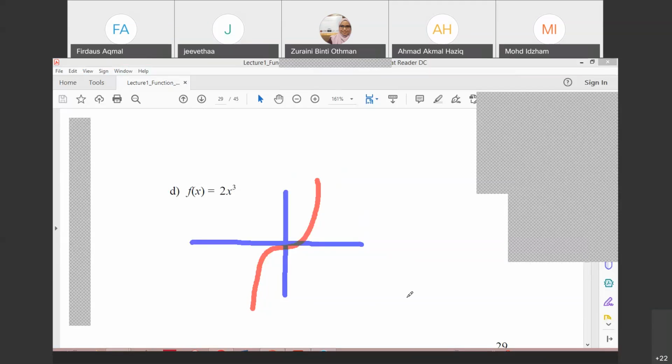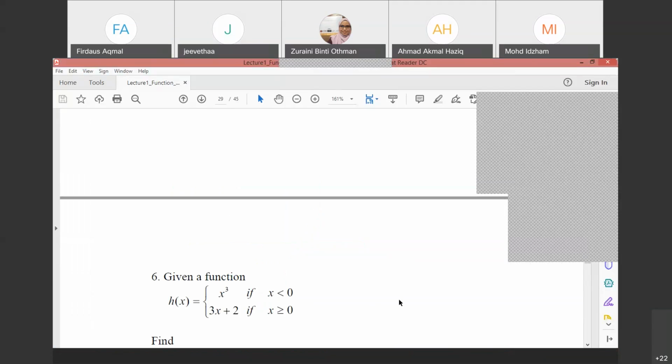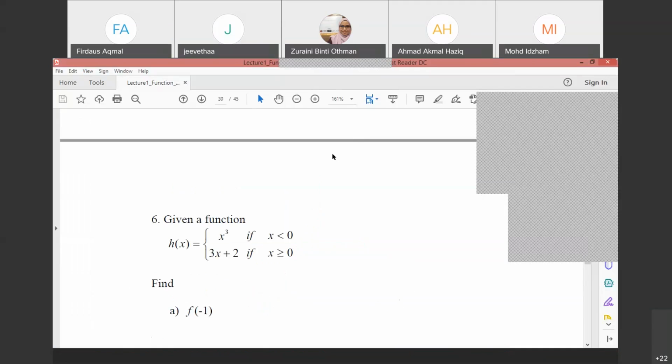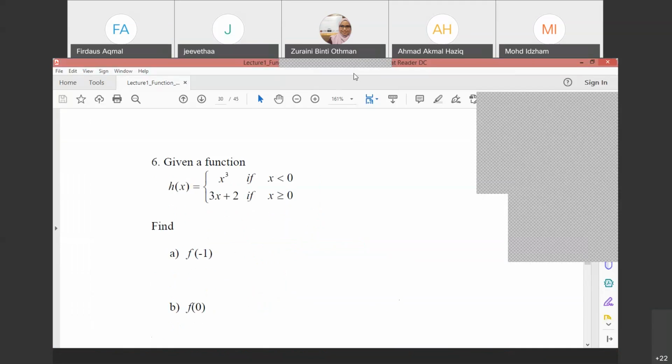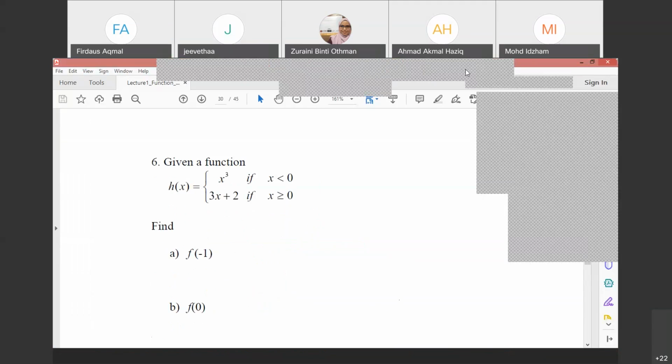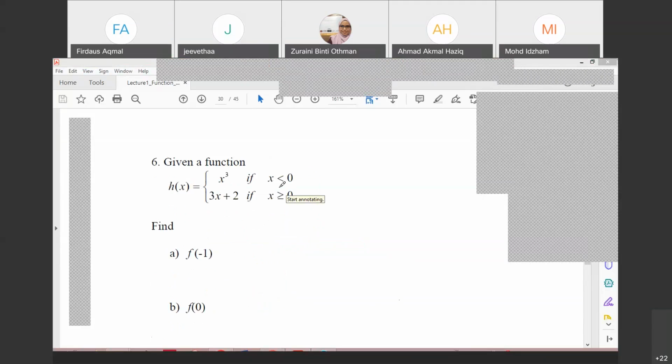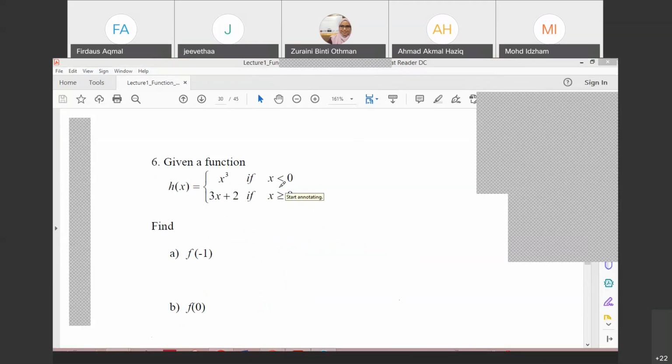Okay, if we have question like this. This is also a function, but it is a piecewise function. If we have question like this, what is the domain for this? Apa dia domain untuk yang ni? Siapa boleh jawab?